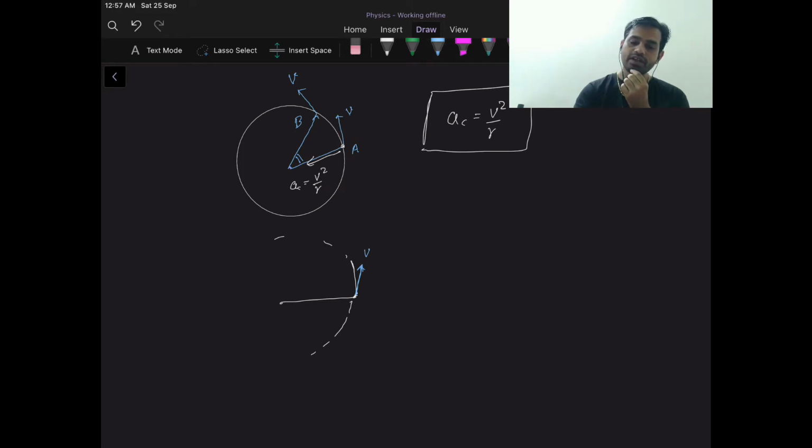If the speed is increasing, then acceleration will be positive. If the speed is decreasing, then acceleration will be negative. So if the speed increases, acceleration will be in the upward direction, and when the speed decreases, acceleration will be in the downward direction. In this case, we can call this acceleration tangential acceleration.